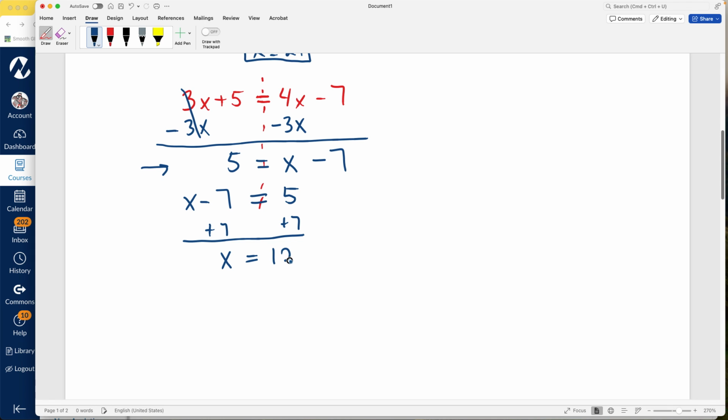x equals 12. And the way I help myself is I would do it this way because this is much more comfortable for me. And again, for me, order is very important because of the way my mind was seeing things. But I would do that and say, okay, I could have done it this way. I could have done 5 equals x minus 7. I could add 7 to both sides.